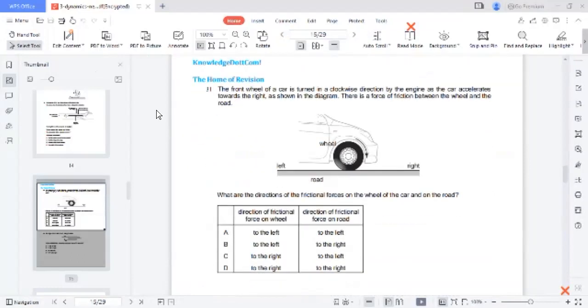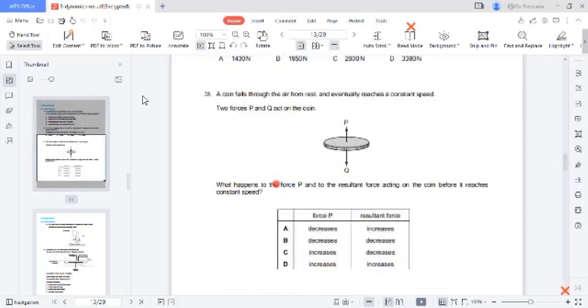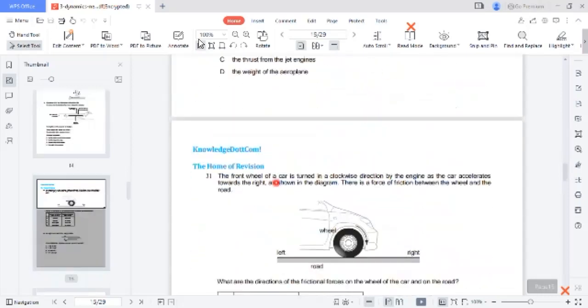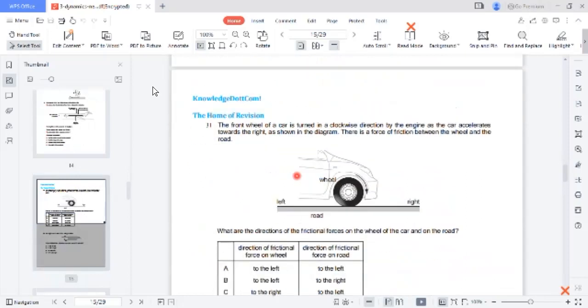Okay, the next is the front wheels of a car is turned in a clockwise direction by the engine as the car accelerates towards the right, as shown in diagram.